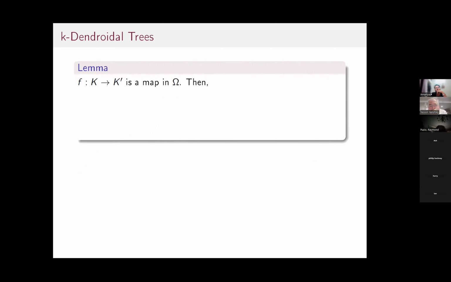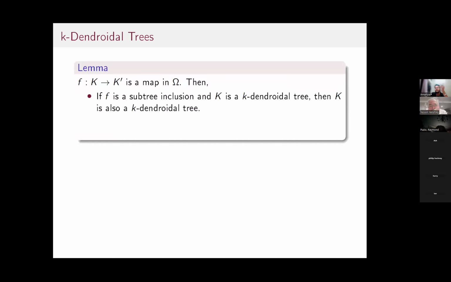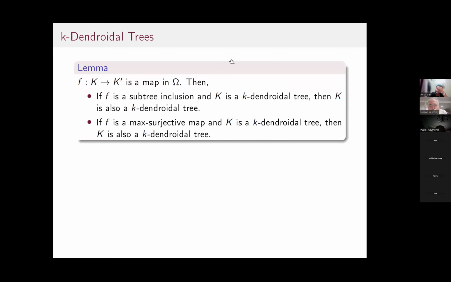So here's the lemma. You start off with a map in sigma. If the map is a subtree inclusion and K is a k-dendroidal tree, then so is K prime.